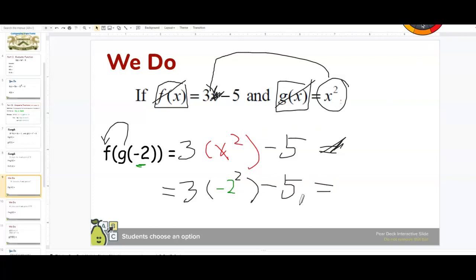So everything is number here. You can put this in the calculator. So do the exponent first. Oh, by the way, when we plug in the number, give it a parenthesis. You have to. Okay? So -2 squared is +4. 3 times 4 is 12. 12 minus 5 is 7. And that's it.